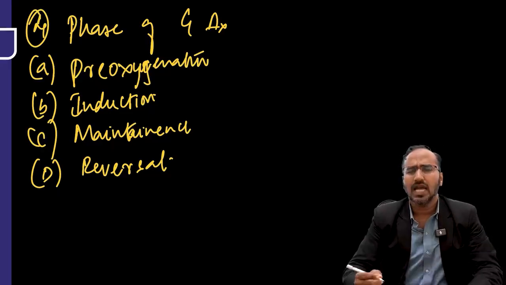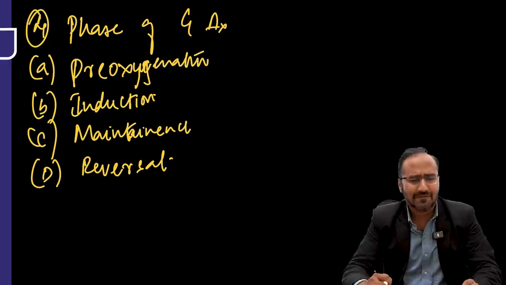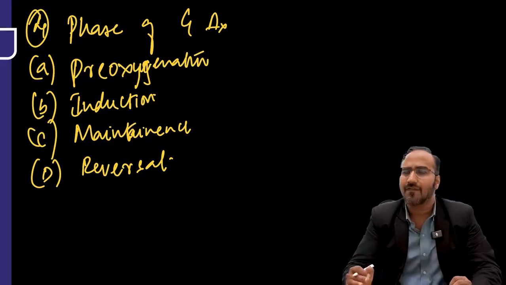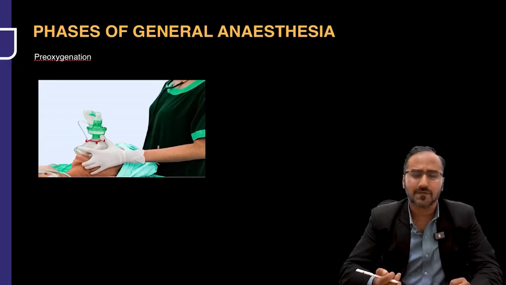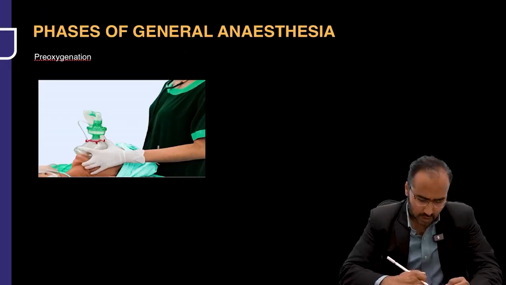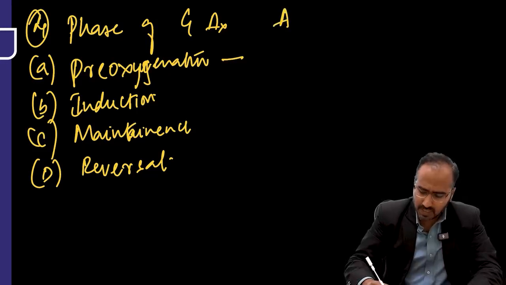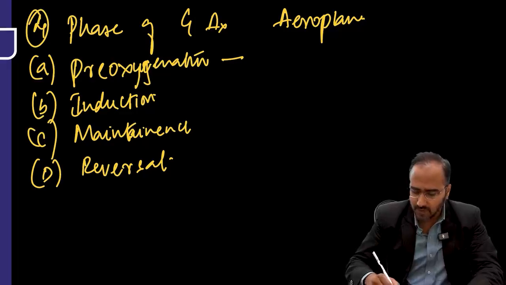Okay? Most of the anesthetists usually compare the four phases of general anesthesia to flying an aeroplane. We know the four phases of general anesthesia; we just compare them with the phases of an aeroplane. The first phase of the aeroplane will be what?